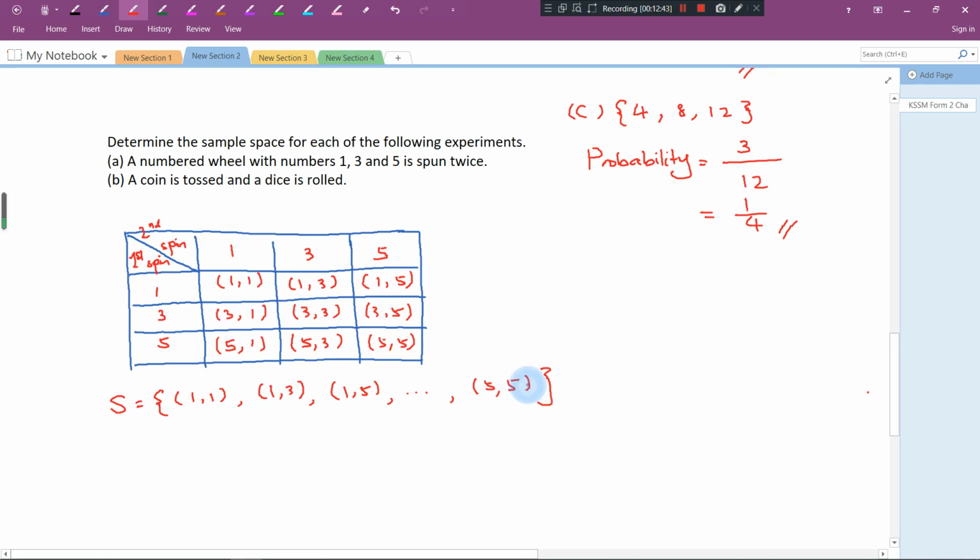If the question in the exam asks you to list out, you have to list out every single one. You cannot do like this. Okay, so let me write the parentheses. So if you want to find n(S), then it will be 9. You have 9 combinations over here.